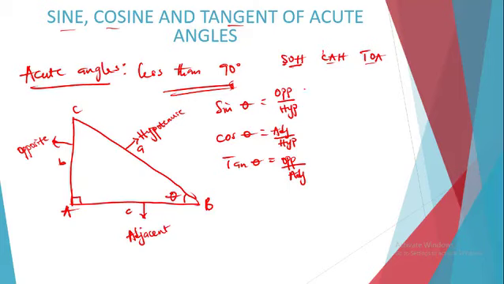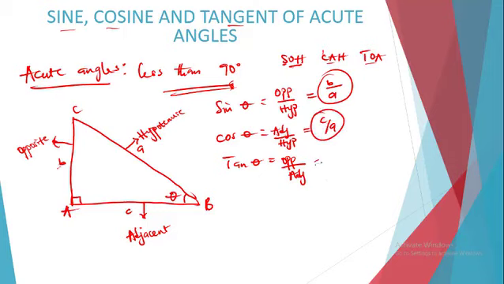It invariably means that sine theta is equal to b over a, since b is opposite and a is hypotenuse. For cos theta, it's adjacent over hypotenuse, and our adjacent is c and hypotenuse is a, so we have c over a.